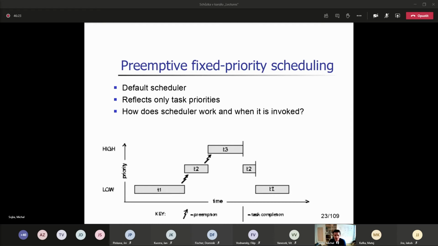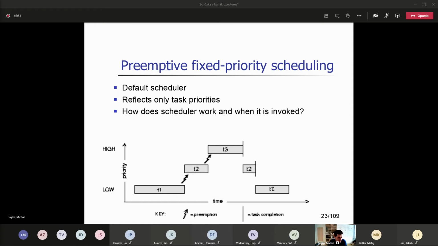So, for example, if a task is in a pending state, waiting for a network packet, when the interrupt comes, the task which waited for the network packet is made ready by the interrupt handler. After the interrupt handler is finished, the scheduler is run, and if this task which was made ready is the highest priority task among all other ready tasks, then it is being switched to.